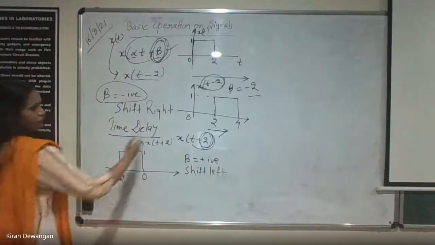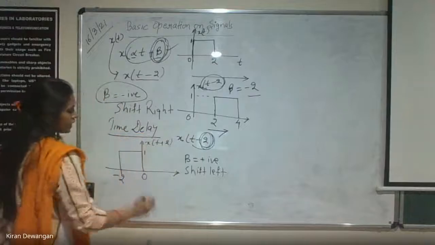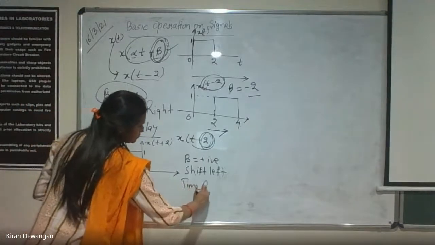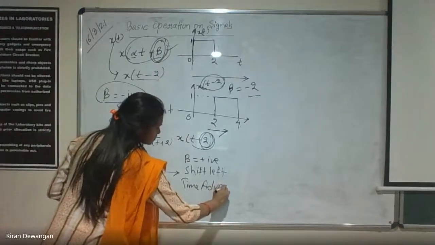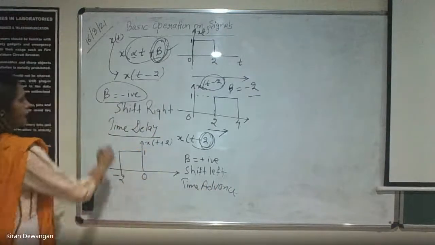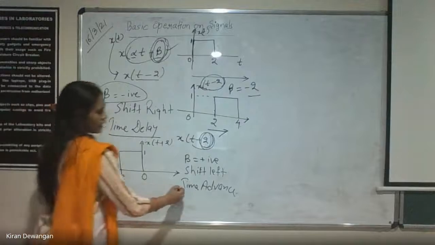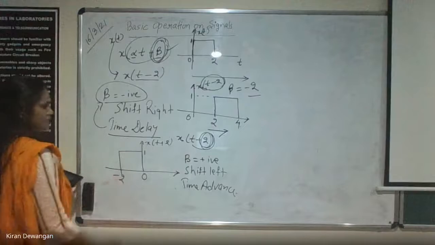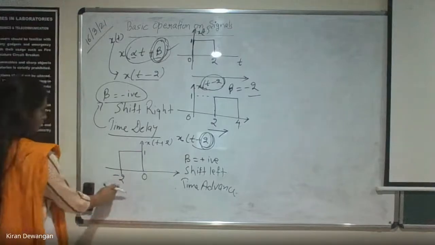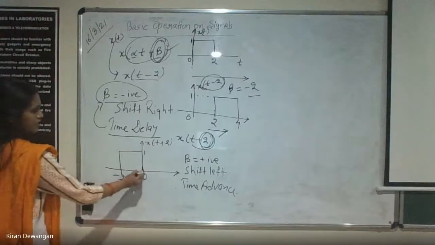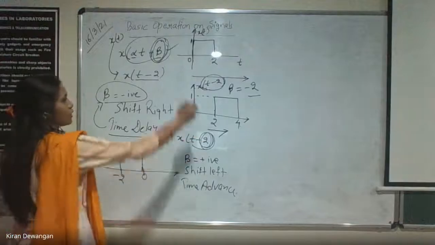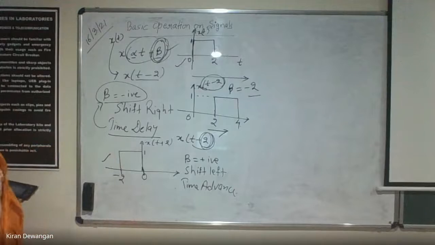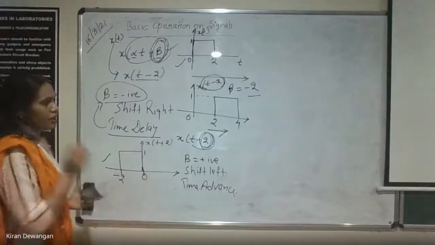This is the left shift, that one was the right shift, and this is time advance. Here it is advance in time because it starts before time. The signal that was starting at t equals 0 is here starting at t equals minus 2. So it is time advance.